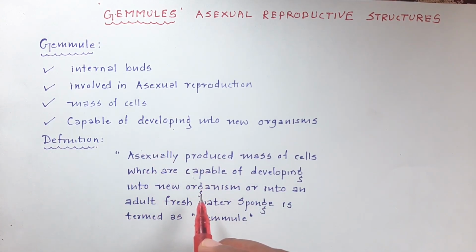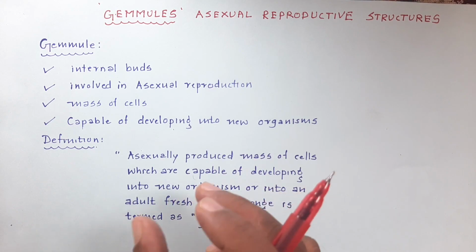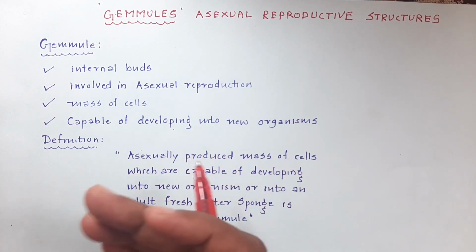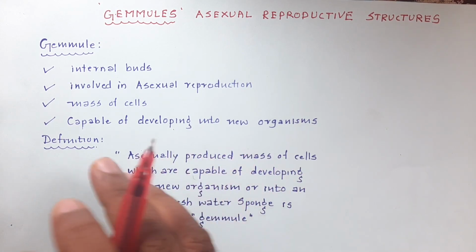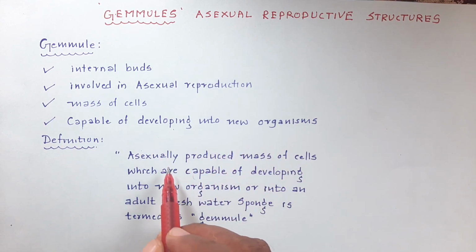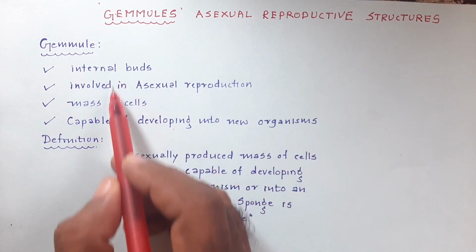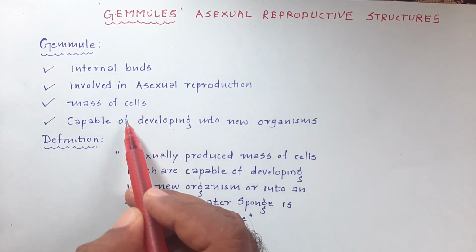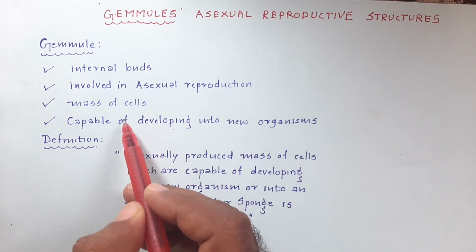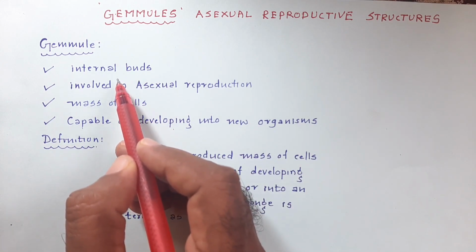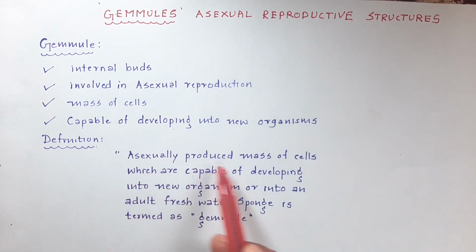Whether the subject may be physics, mathematics, or whatever it may be, the definition mainly depends on certain points. So first you have to keep in your mind these important points and correlate them and understand, then it is very easy for you to construct a definition.